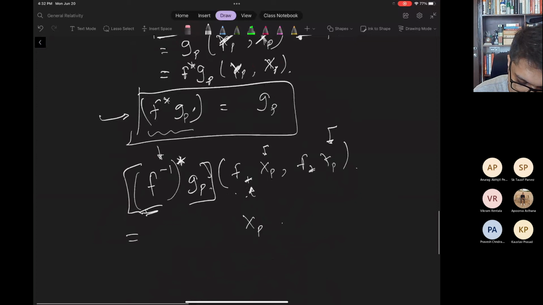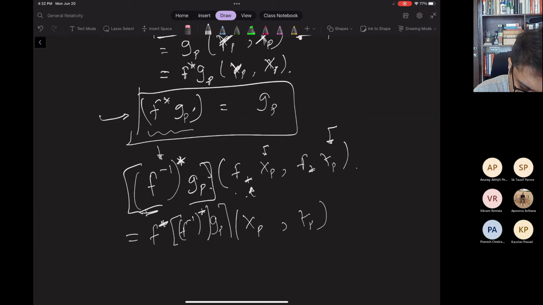So let me use the original xp yp and let me pull back F inverse star GP. And this is just going to give you the original GXY.